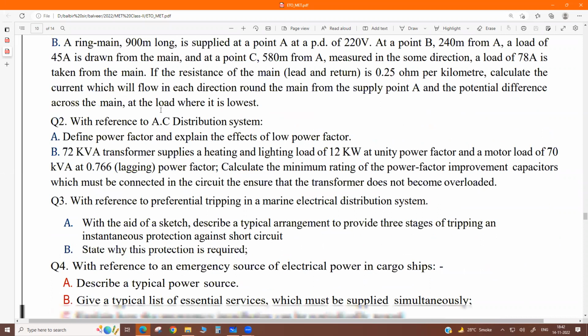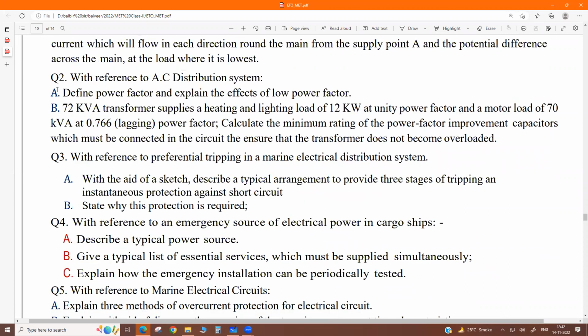Now here we already discussed this transformer question. Same question, I think we discussed this power factor. It is in transformer, okay? A 72 kVA transformer supplies heating and a load of 12 kilowatt at unity and 70 at this much. Calculate the minimum rating of power factor improvement.